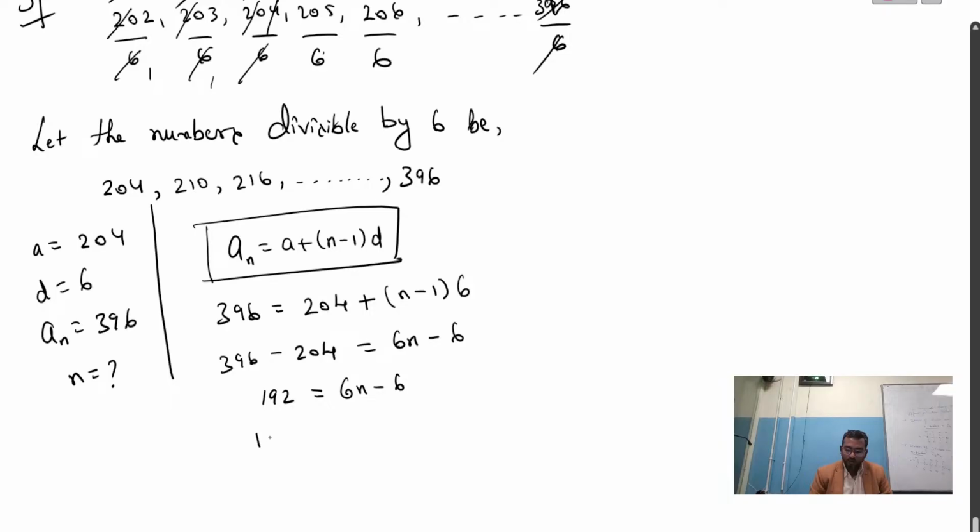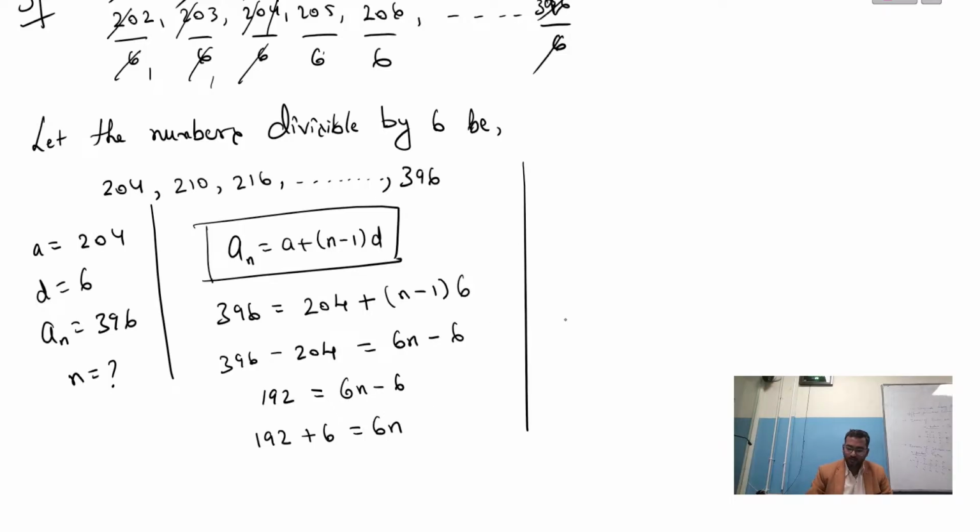Done? Now we can write here 192, minus 6 comes to the other side, it is plus 6, that is equal to 6n. Now we can write 6n is equal to 192 plus 6, which is 198. The value of n is 198 divided by 6. 6 ones are 6, 6 threes are 18, remainder 1, 6 threes are 18. The value of n is 33.